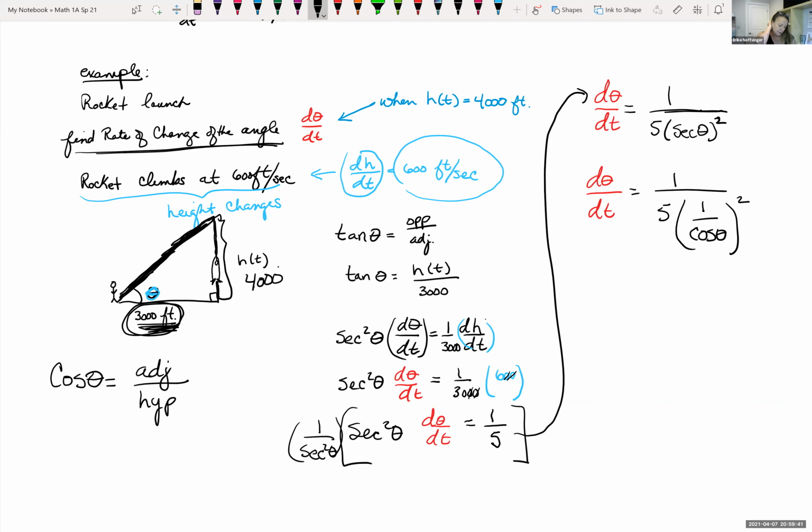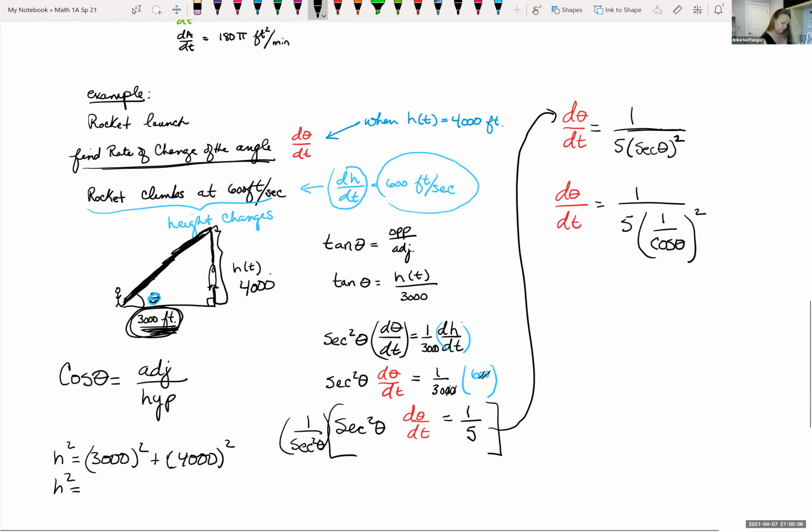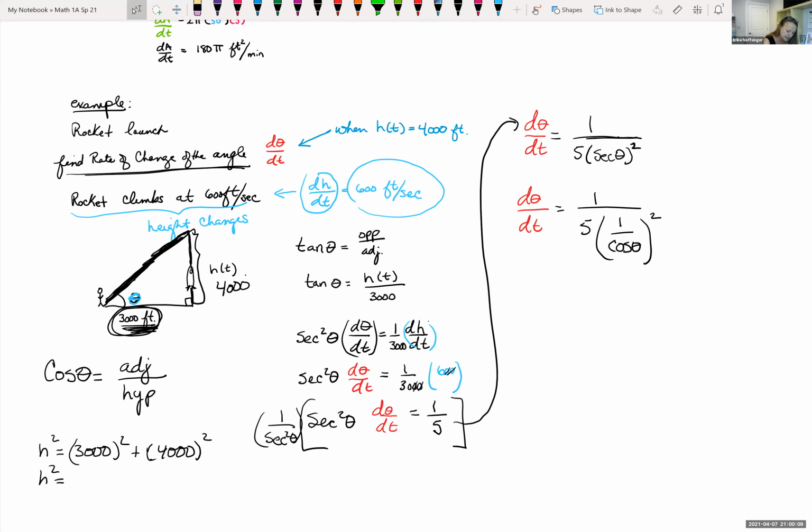So I can use that to figure out what this length is at 4,000, and I need to use my Pythagorean theorem. My hypotenuse squared is equal to 3,000 squared plus 4,000 squared. 3,000 squared is going to have 6 zeros, plus 4,000 squared, 6 zeros.